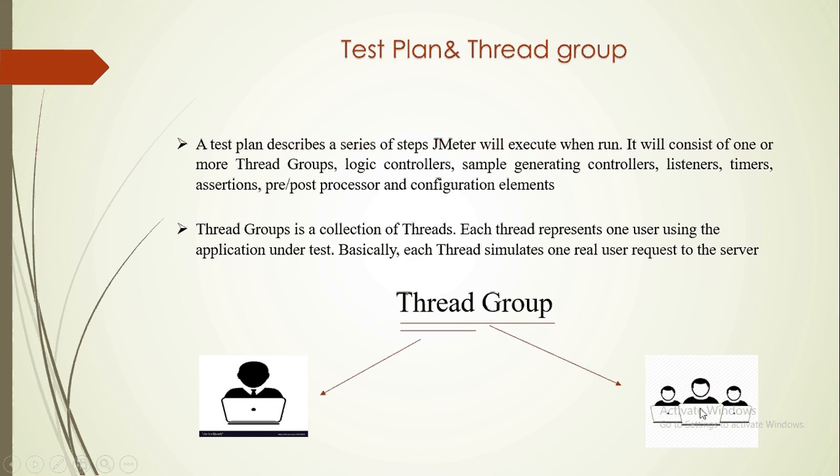When they interact with the server, we will be monitoring our server responses, and thus will be able to decide how our application is performing when there are n number of users. So is it within the SLA or outside of the SLA?